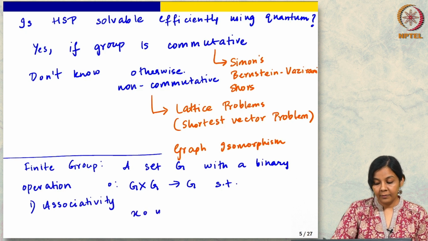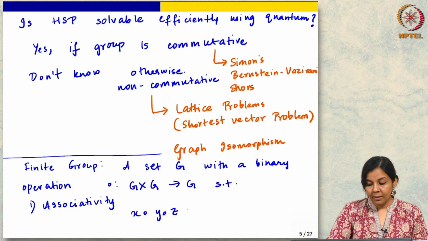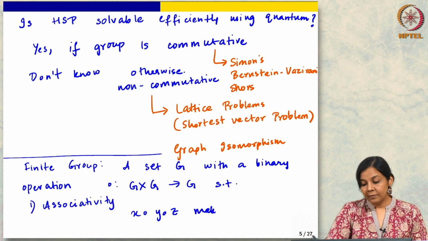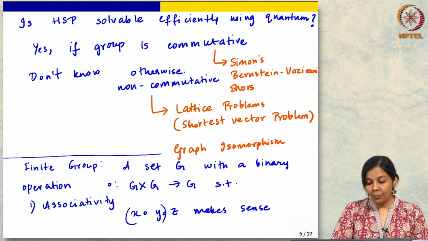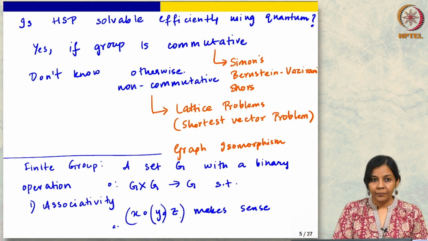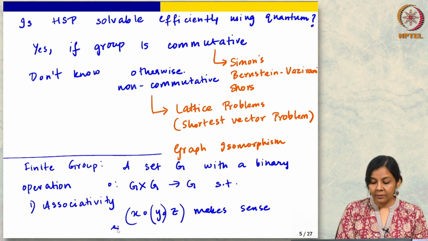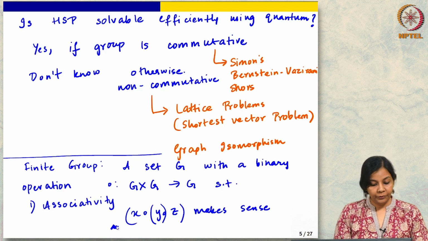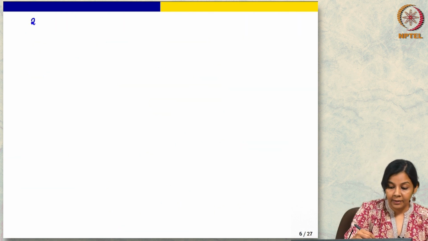So X, Y, Z makes sense, right? This means that you could group it like this, or you could group it like this. So, that is just associativity.